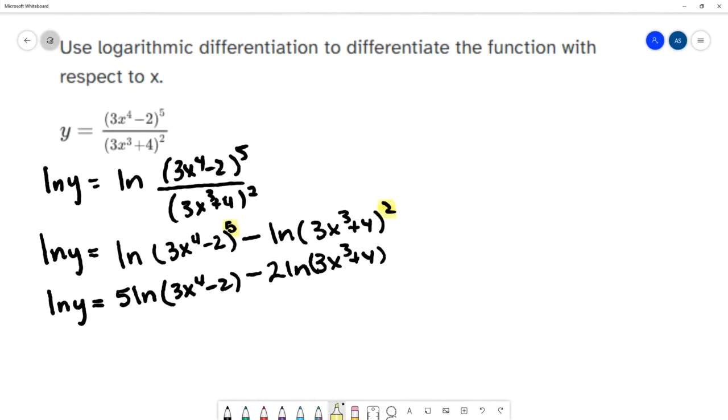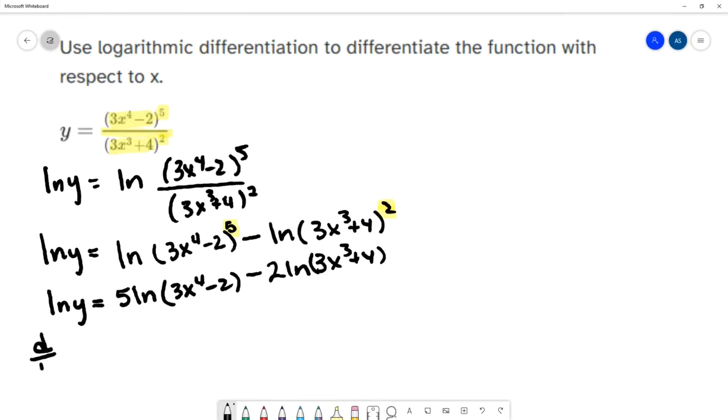In the original format, you have to use the quotient rule because of the fraction and the chain rule because of having an expression other than x inside the powers. Whereas here, we just have to use our natural log derivative rule.